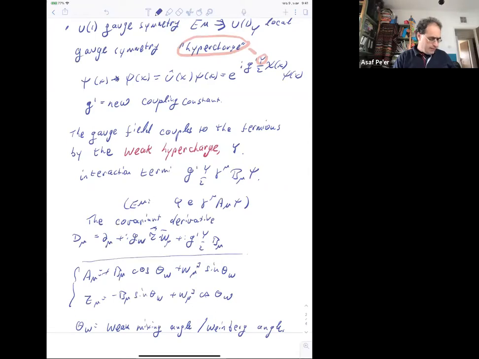It doesn't interact with itself. No, it does interact with the W1 and W2 because there is a cross product. Remember that when we looked at the structure constants, there is a cross product there because the structure constants are just the Levi-Civitas.